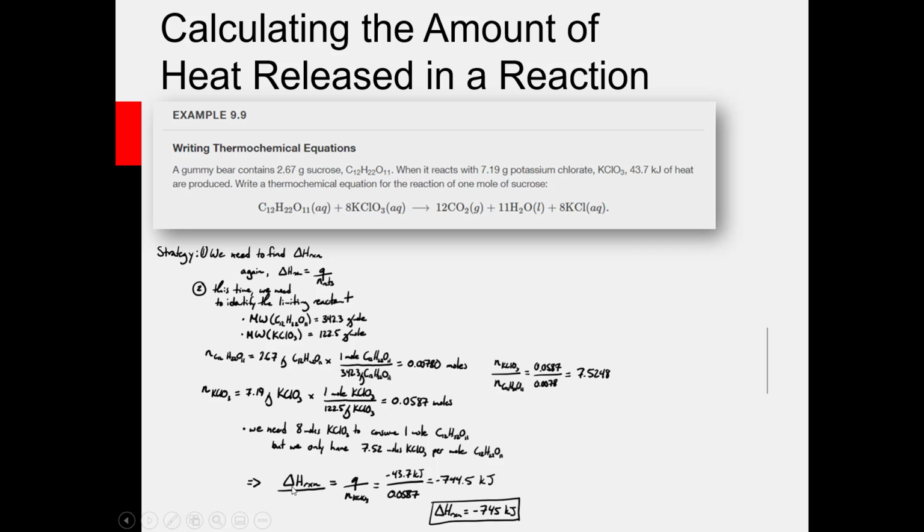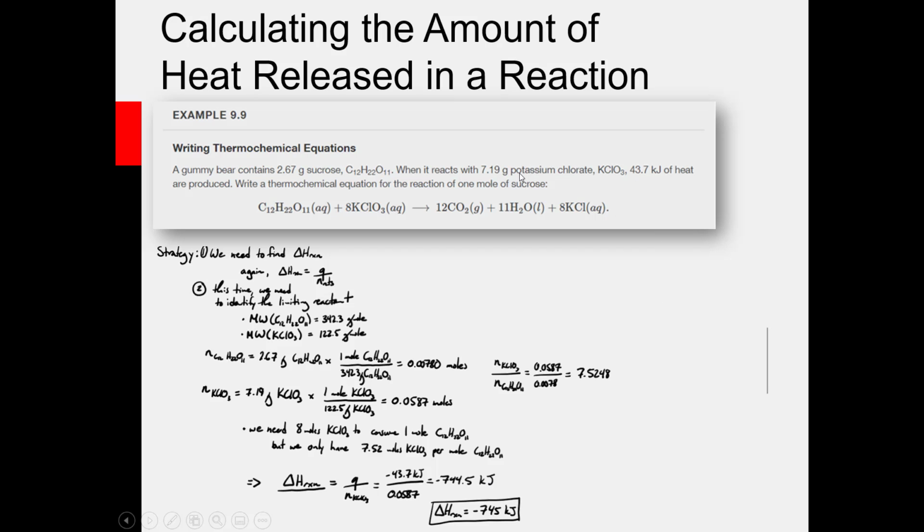Therefore, when we calculate delta H reaction as the heat flow divided by the moles of limiting reactant, we have the heat flow Q, which is negative, watch the sign there because heat's being released, 43.7 kilojoules divided by 0.0587 moles of potassium chlorate, giving us a delta H reaction of negative 744.5 kilojoules for the reaction as written.